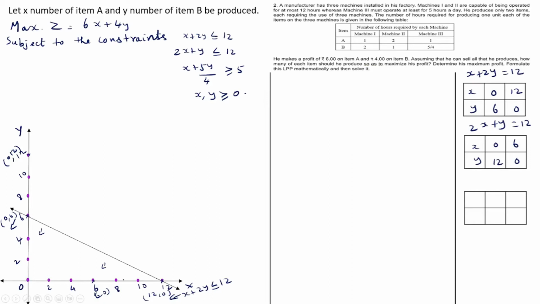Now let us draw a line joining these 2 points. So this is the line corresponding to 2x + y = 12. We have the inequation 2x + y ≤ 12. So the region corresponding to 2x + y ≤ 12 is this part.